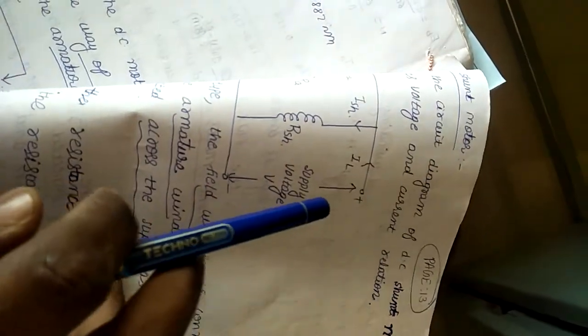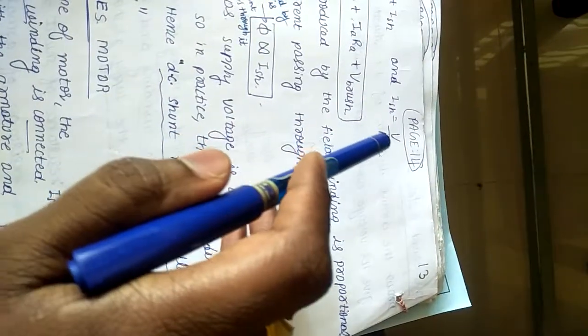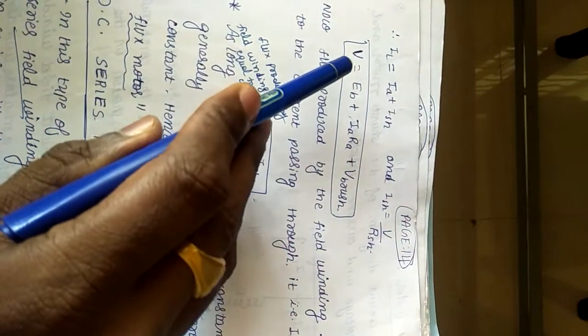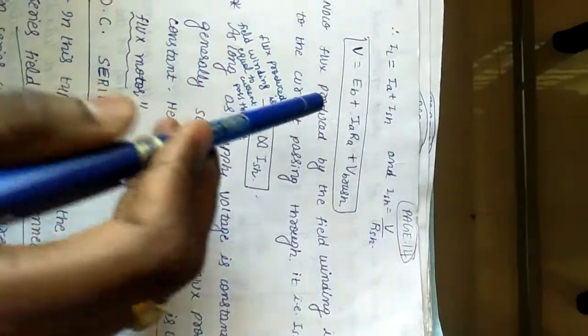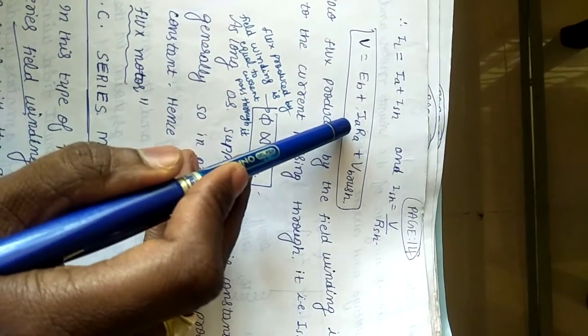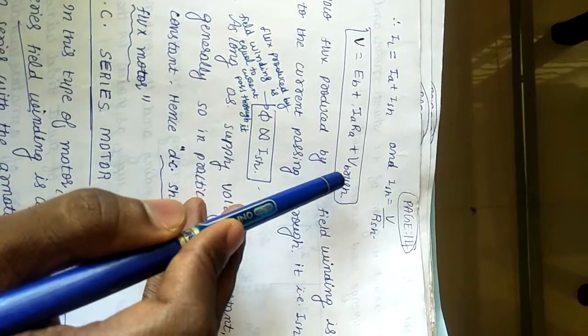So the supply voltage V is equal to ISH into RSH. The total supply voltage is nothing but the generated EMF across the armature plus the armature drop and the drop across the brush.